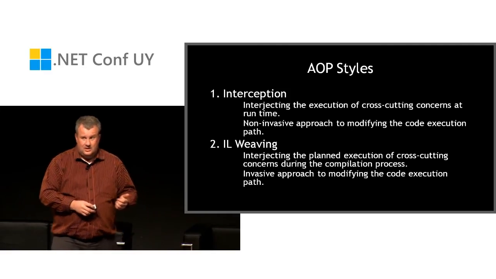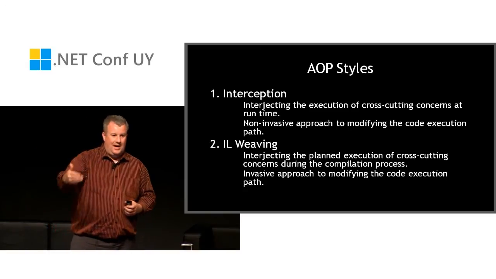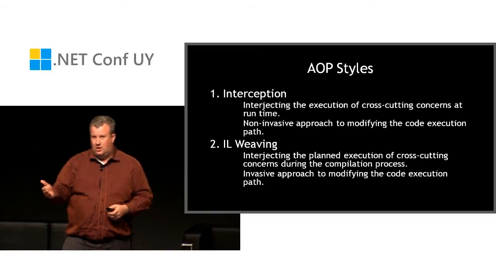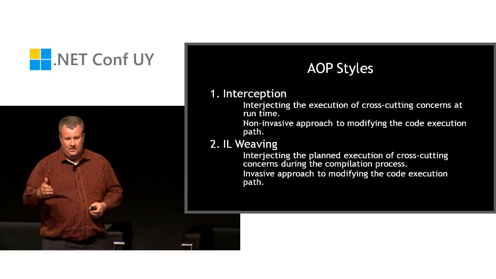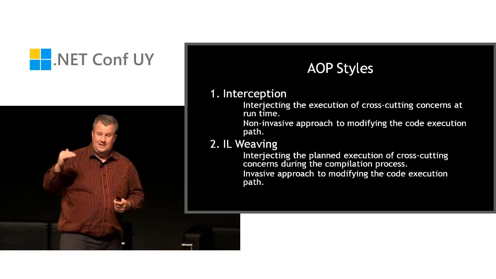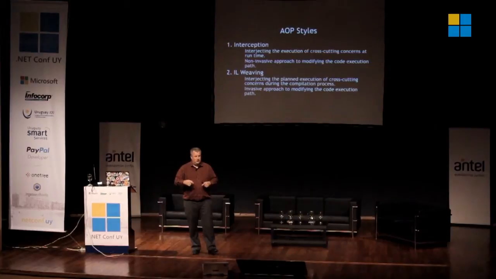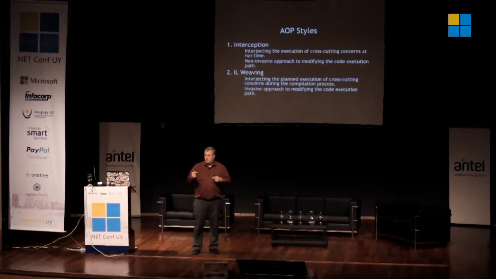IL weaving is completely different. When you write your code, you then compile it, and it goes off, if you're doing C#, to the csc.exe file, right? And that's the compiler. Well, an IL weaver would then take the output, DLLs, EXEs, whatever they are, and say, I'm going to recompile those. So it goes into those compiled files and recompiles them and injects the aspects in at an IL level.